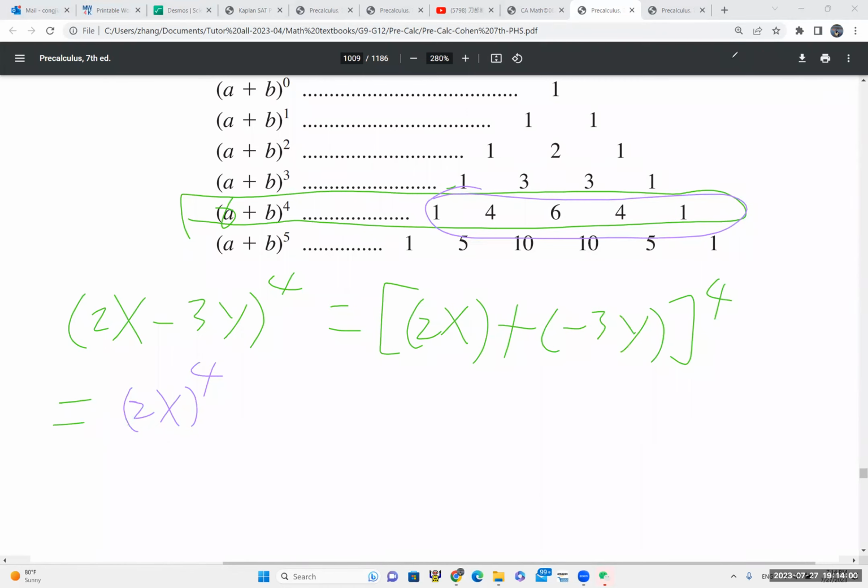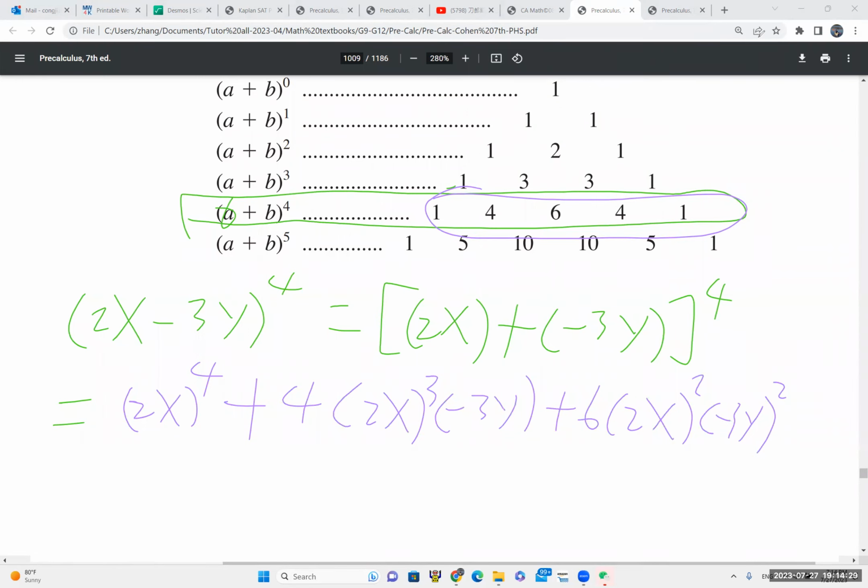Then for the second term, the coefficient is 4. Now it goes to 2x cubed times b, which is negative 3y. Then keep going: 6 times 2x squared times negative 3y squared. Remember what I mentioned?